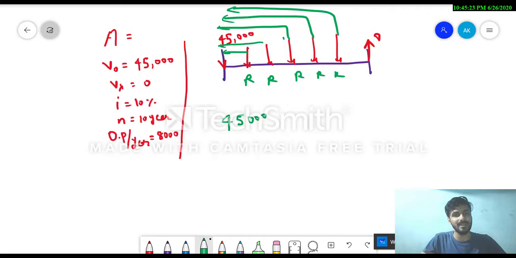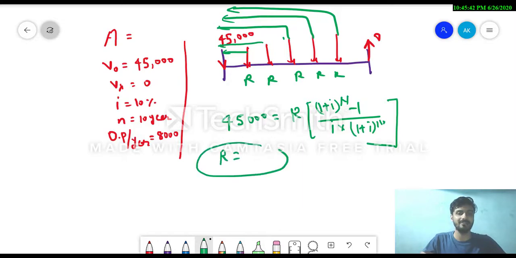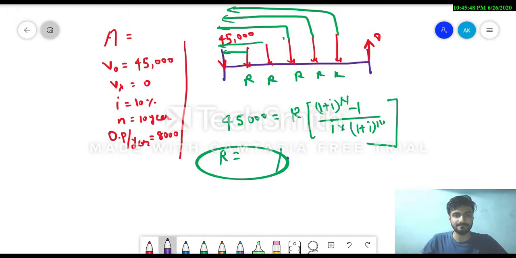If you apply the present value formula, that is equal to R into (1 plus I) to the power n minus 1, upon I multiplied with (1 plus I) to the power n. From this formula, I is given, the present value is given, and from here you will calculate R. Once you have the R value, this will be on a per year basis.